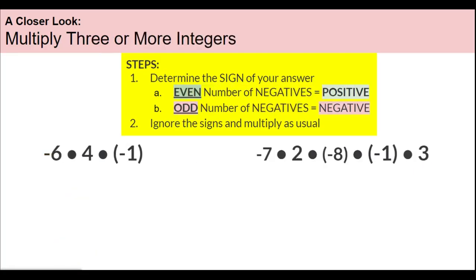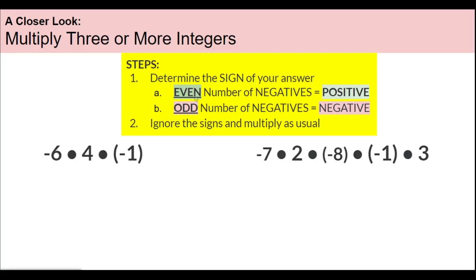All right, but what happens if you have three or more integers? You can't just use the negative and a negative make a positive, and the positive and negative make a negative, because you have three or more. So here are the rules for those. Step one, always the same, determine the sign of your answer.